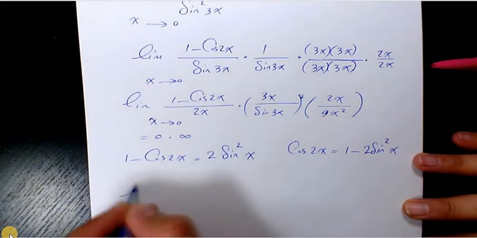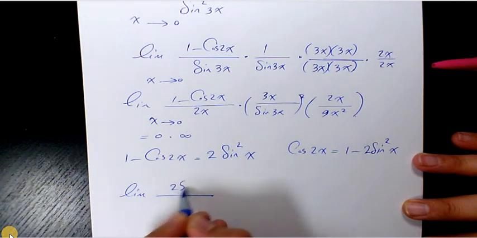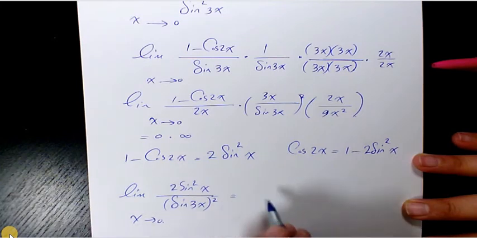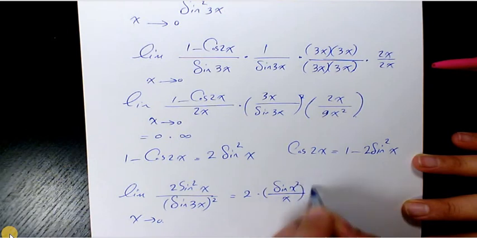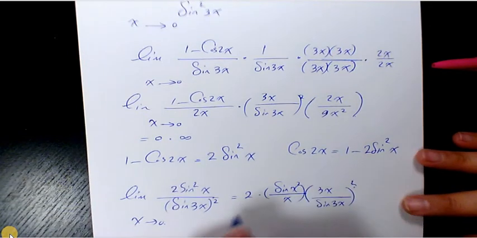So we can say that the limit of 1 minus cosine 2x over sine 3x to the power of 2, when x is approaching 0, is going to be 2 times sine x over x to the power of 2 times 3x over sine 3x to the power of 2.